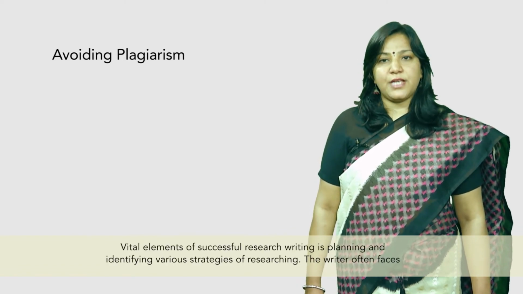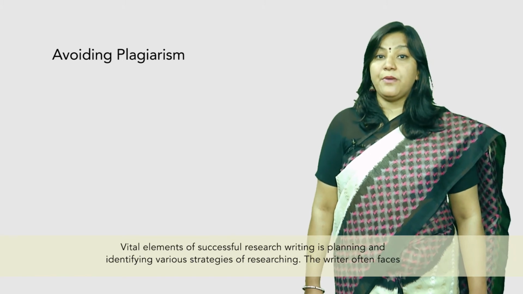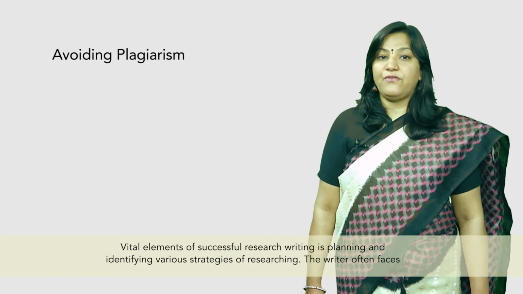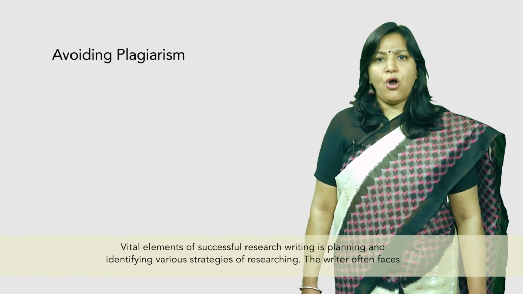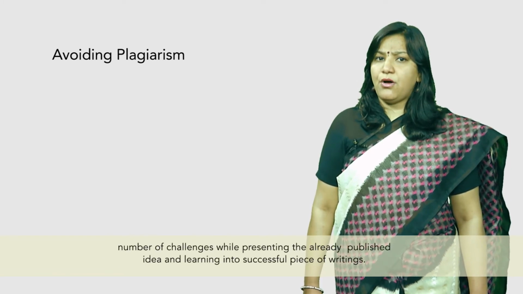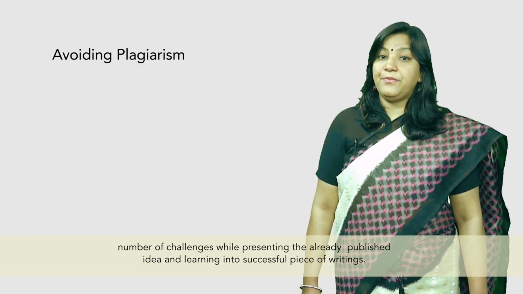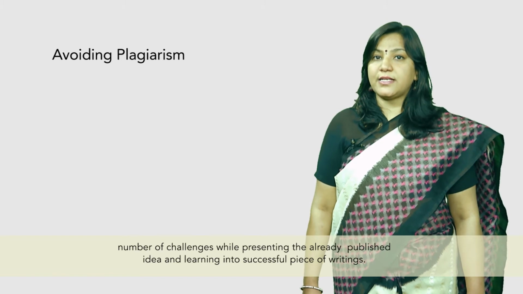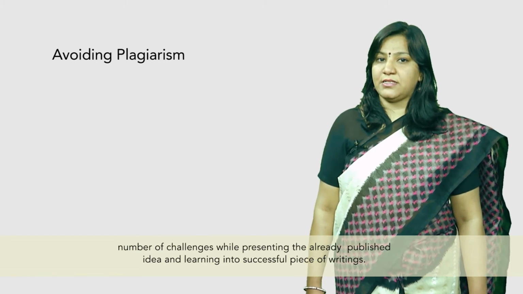A vital element of successful research writing is planning and identifying various strategies of researching. The writer often faces a number of challenges while presenting already published ideas and learning in a successful piece of writing.